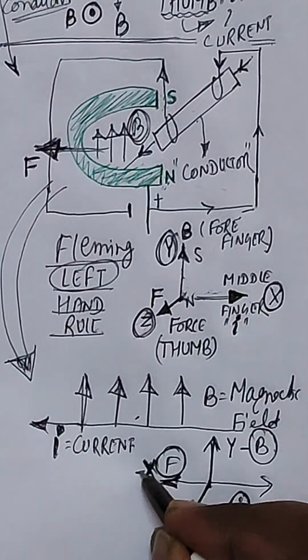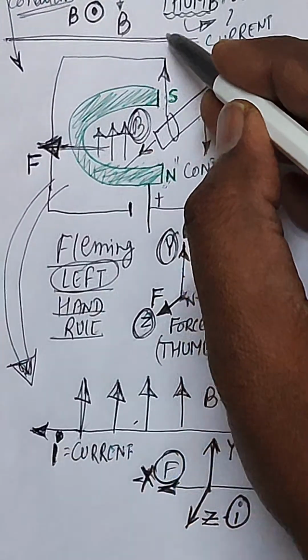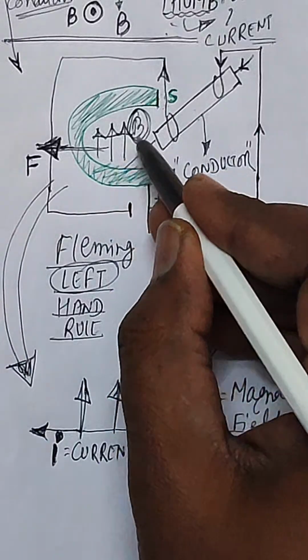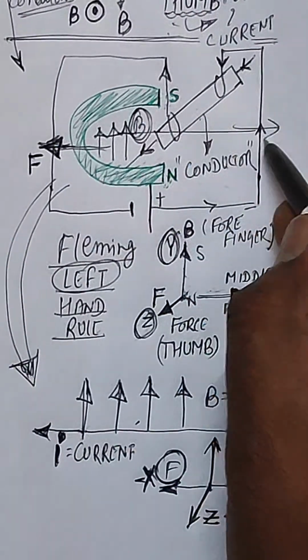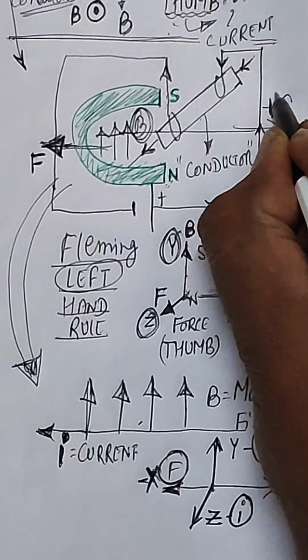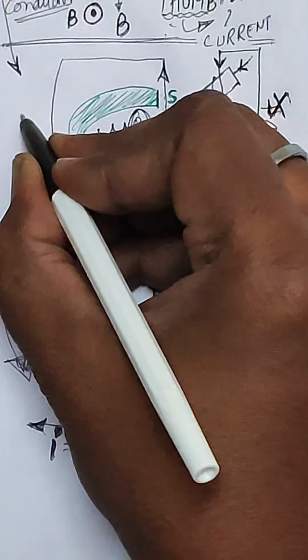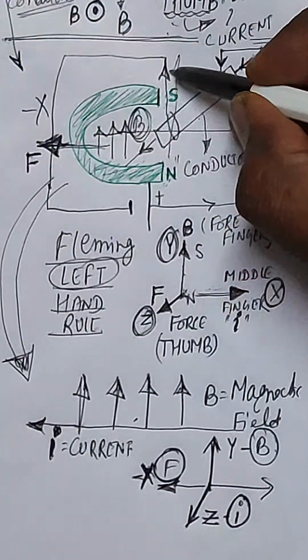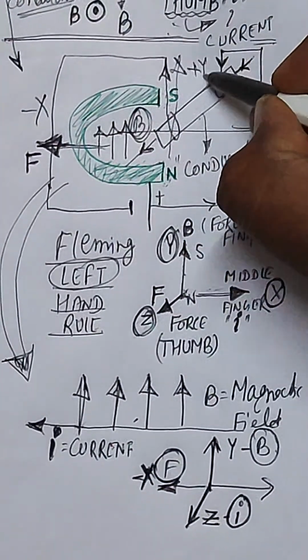Negative x direction means that if you consider this entire figure like this, if this is plus x, then definitely this will be minus x, right? This will be plus y, right?